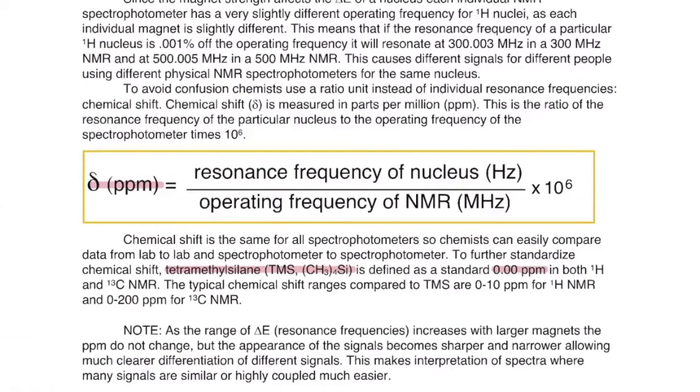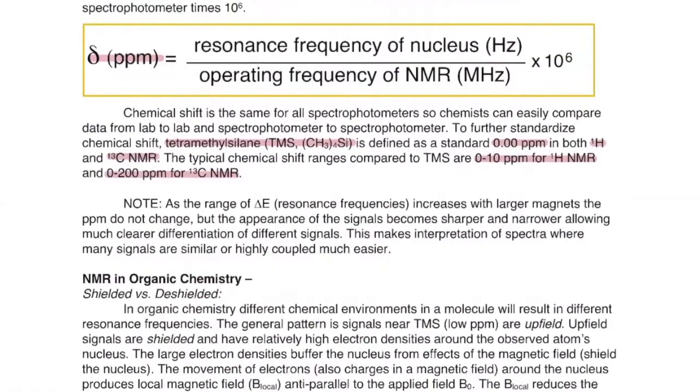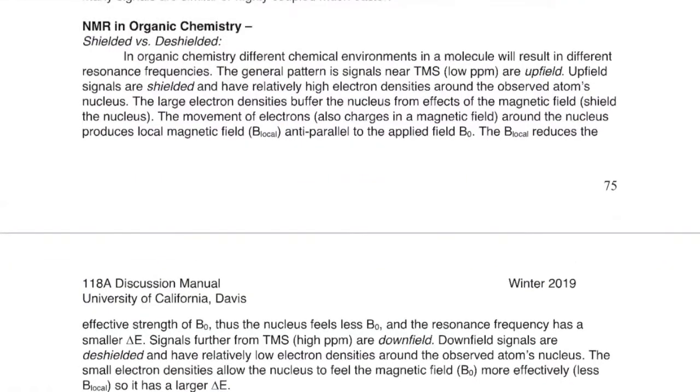The hydrogen peak from TMS is the standard 0 in both proton and carbon NMR. You're going to see carbon NMR in 118B. We just manually set the range of proton NMR to be from 0 to 10, and carbon NMR from 0 to 200.